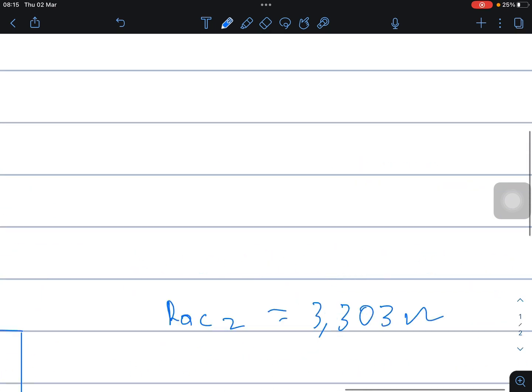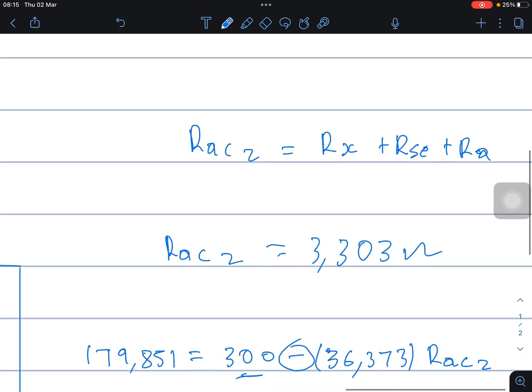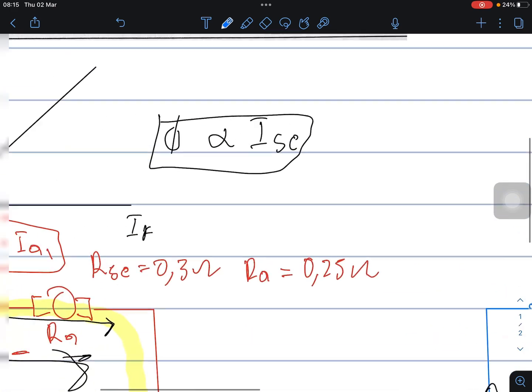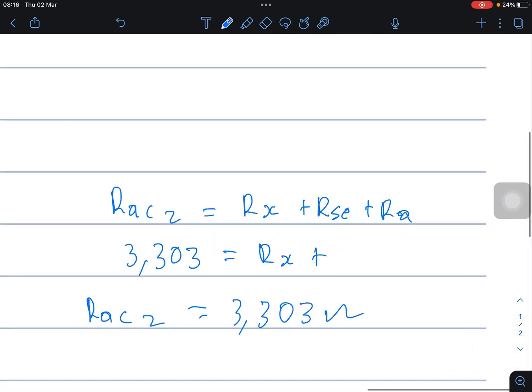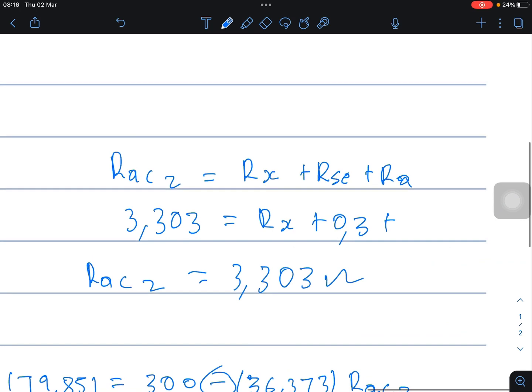RAC2 is RX plus R series plus R armature, of which RAC2 we have calculated as 3.303, then R series is 0.3, plus R armature is 0.25.